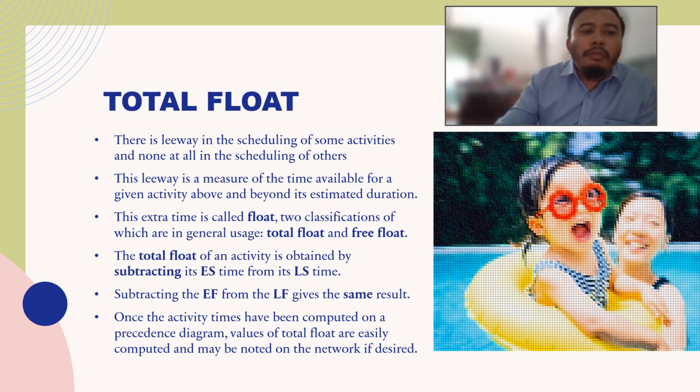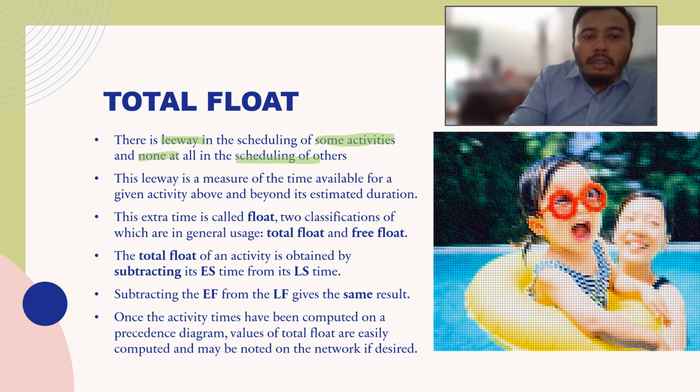So total float. In each activity, there would be some leeway in the scheduling of activities, and some of the activities don't have any extra days or leeway. In some activities you have leeway, and in another activity you might not have any extra days.